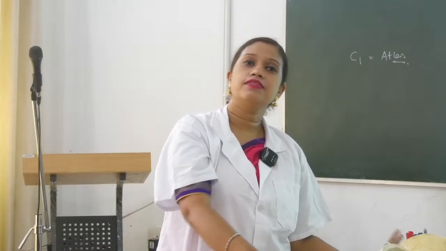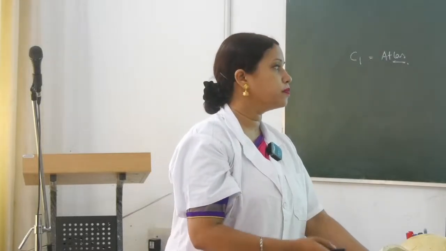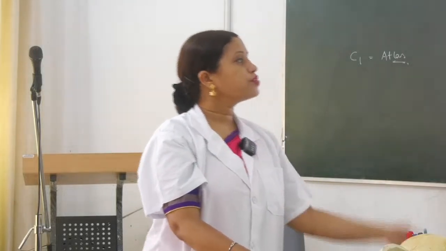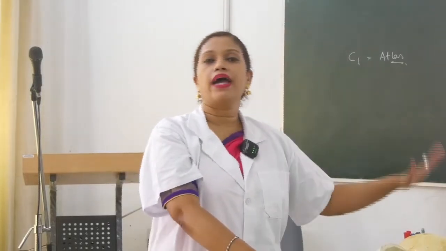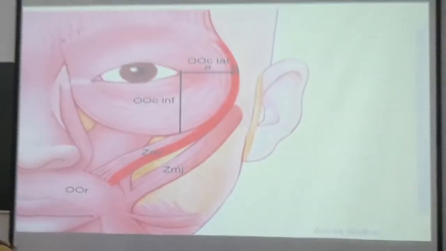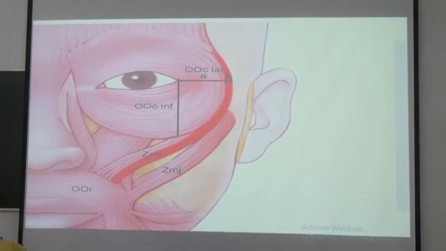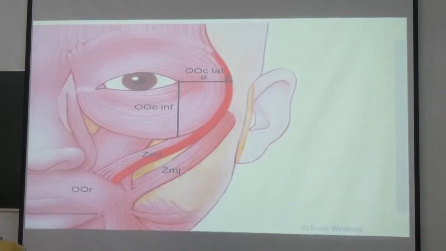And laughing is zygomaticus major and zygomaticus minor. As I already told, minor is above, major is below. You all know the zygomatic arch. Above will be minor, below will be zygomaticus major.